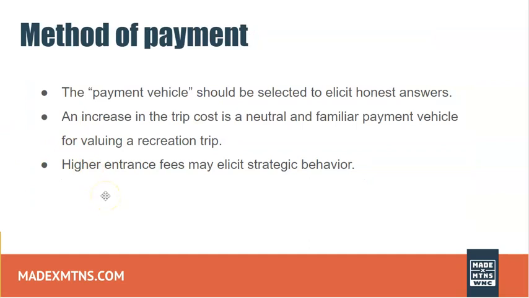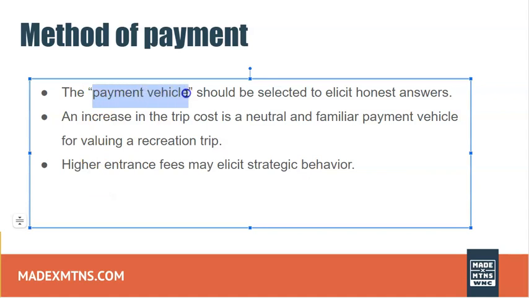Okay, the method of payment needs to make sense. And the jargon in the contingent valuation literature is, this is the payment vehicle. Okay, so it should be selected to elicit honest answers.